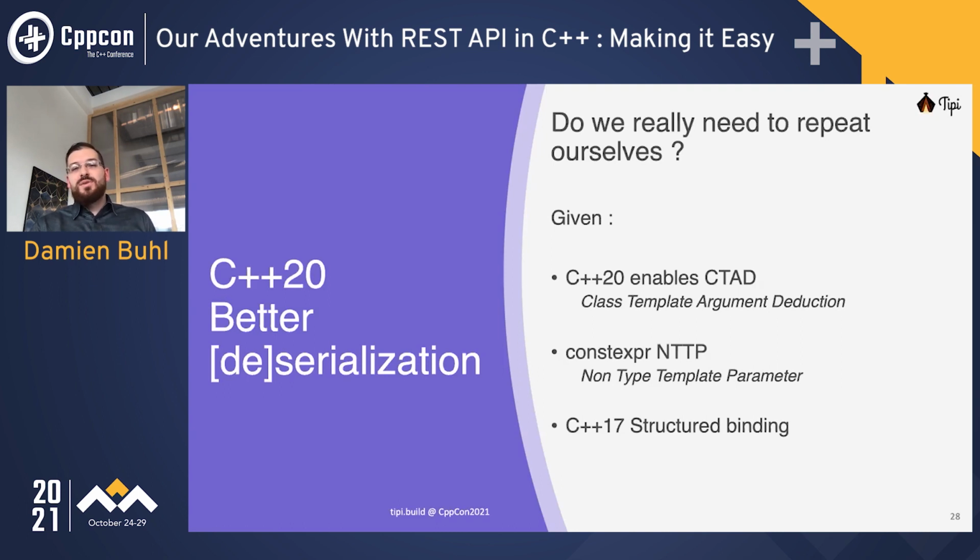So in C++, you have class template argument deduction for constants for variables now, and so in template parameter lists. And you can therefore use any constant type inside a template parameter list. You have structured bindings since C++17. You can easily mix these three things to avoid repeating yourselves, actually.